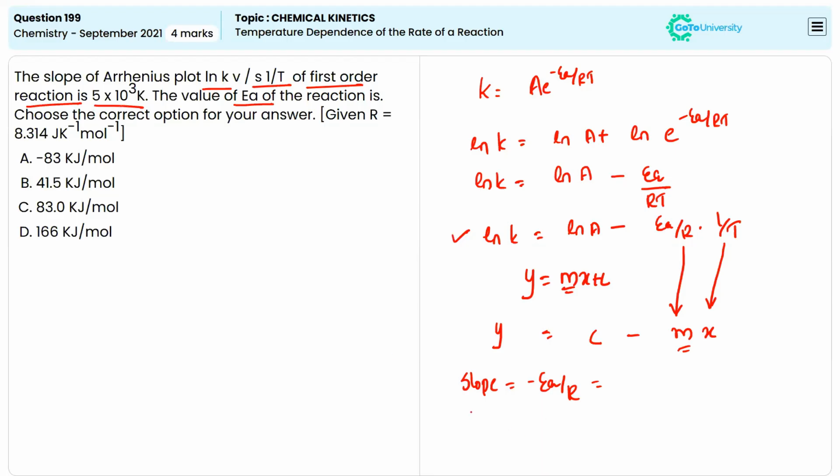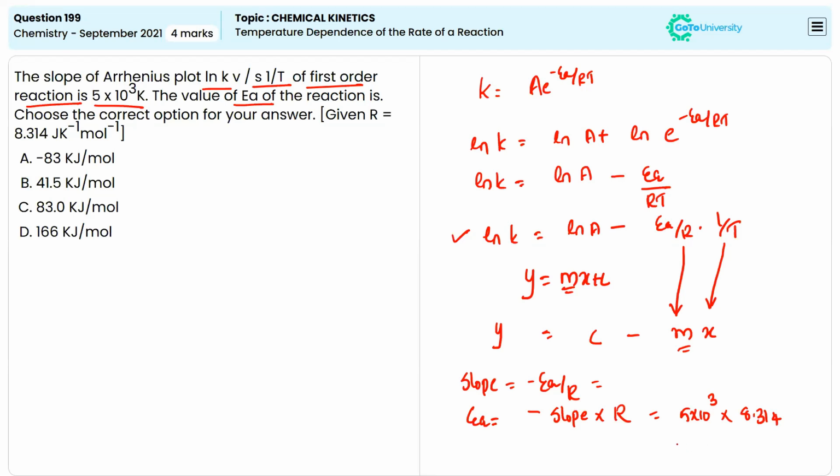So we can rearrange the equation for Ea, that is minus slope times R. Here we can write 5 times 10 to the power 3 times the R value, 8.314.